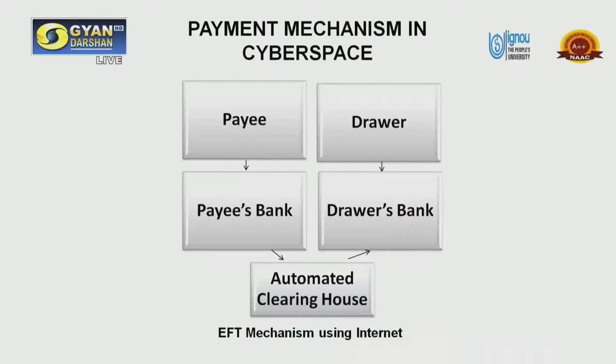We have shown how it functions using the internet and how your check is cleared. Then you have the UPI system we discussed, your Paytm, UPIs, credit cards and debit cards.